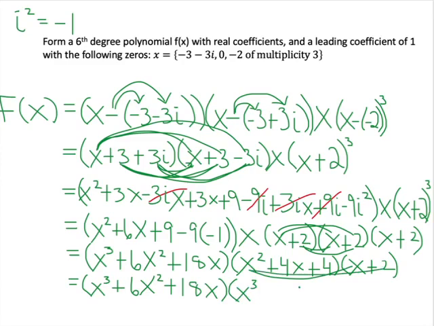X squared times 2 is 2x squared. 4x times x is 4x squared. And then 4x times 2 is 8x. Then we have 4 times x. And then we have 4 times 2, which is 8.